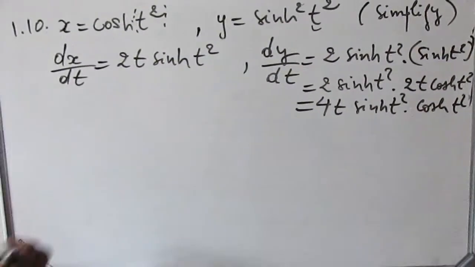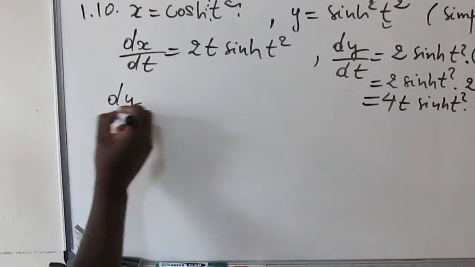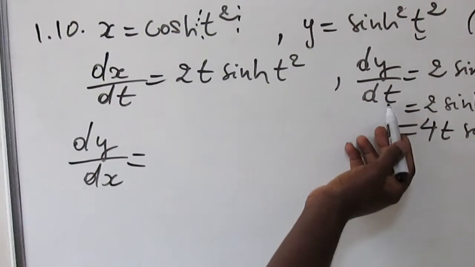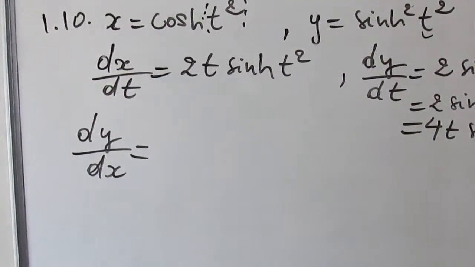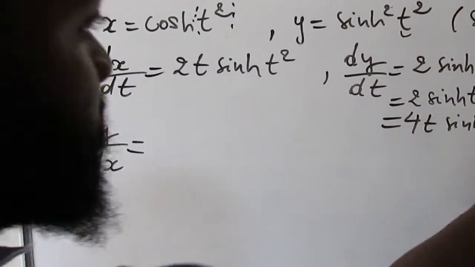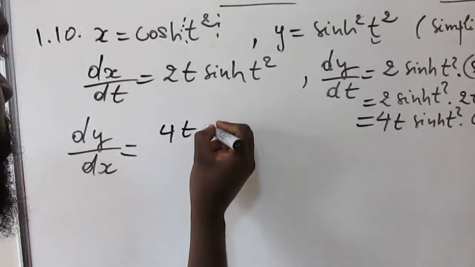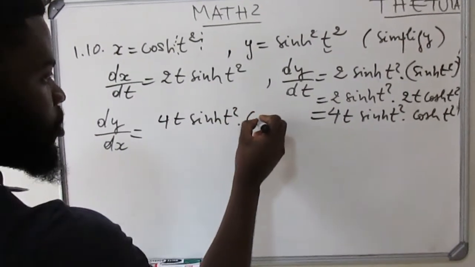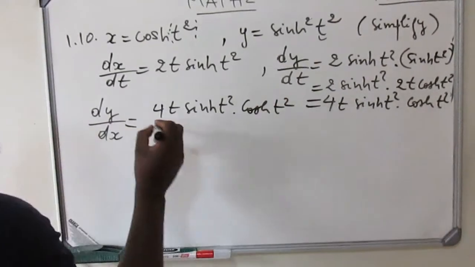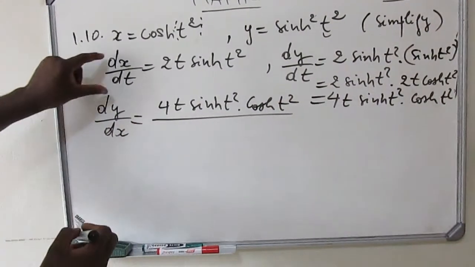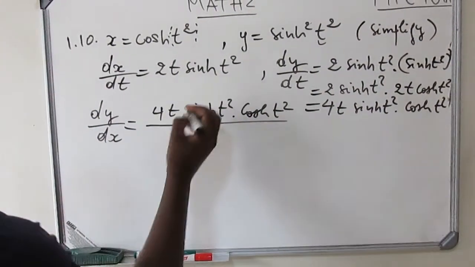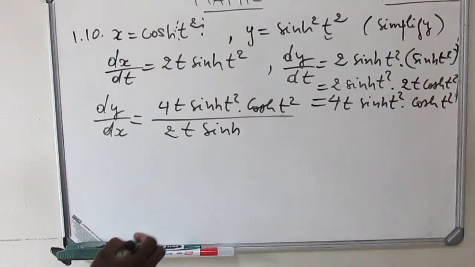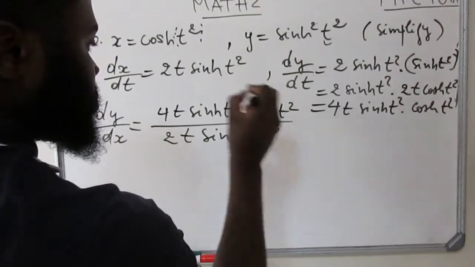Then we look for dy over dx, which is going to be dy over dt over dx over dt, right? So you're going to take all this here, 4t sinh of t squared multiplied by cos of t squared, all of this over dx over dt, which is 2t sinh of t squared.